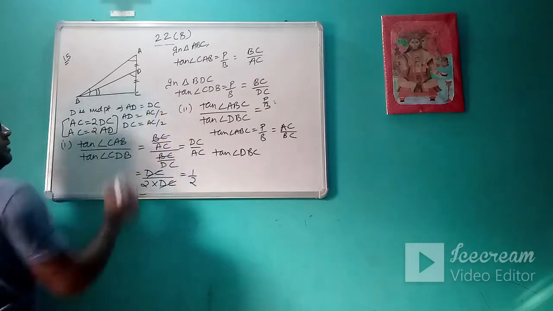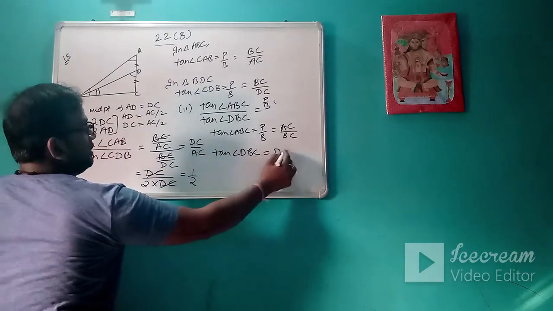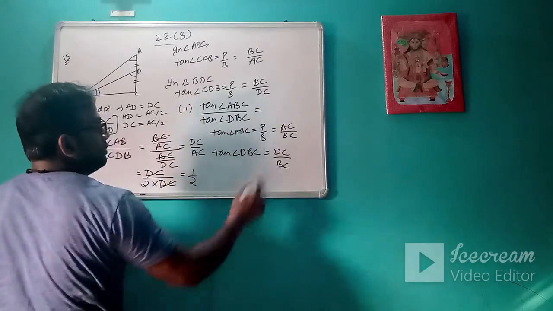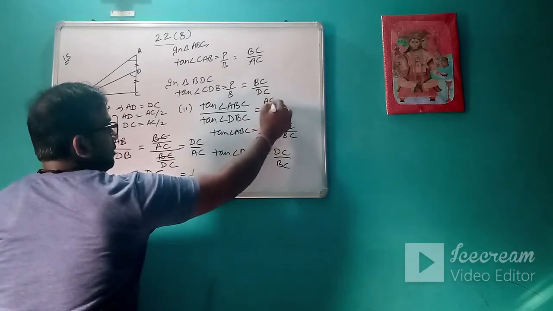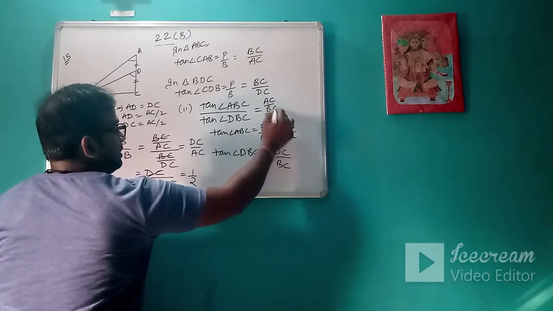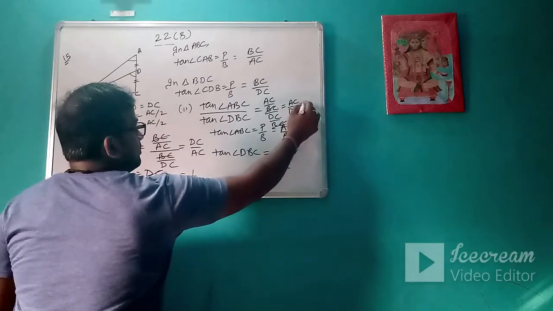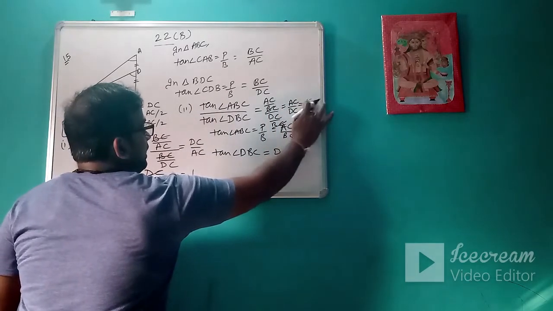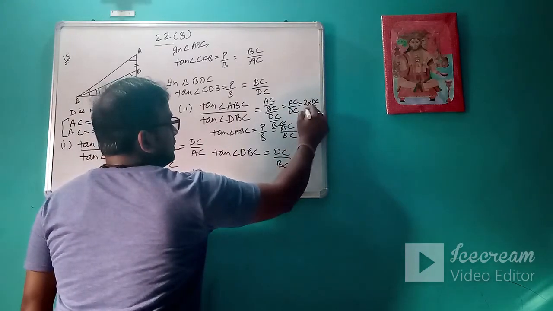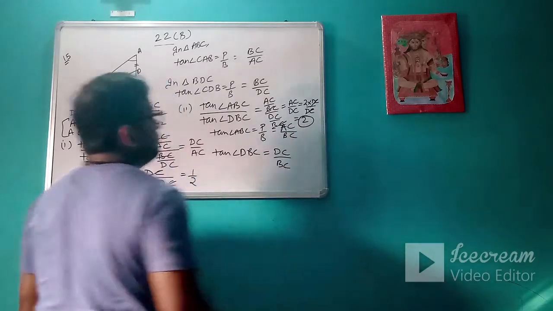For this DBC the perpendicular will be DC and the base will be BC. So again we put the values: AC upon BC upon DC upon BC. BC and BC cancel, you will get AC upon DC. So again AC we can write as 2 into DC. So DC and DC cancel, and our answer will be 2.